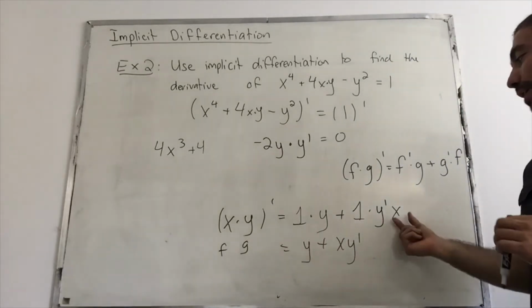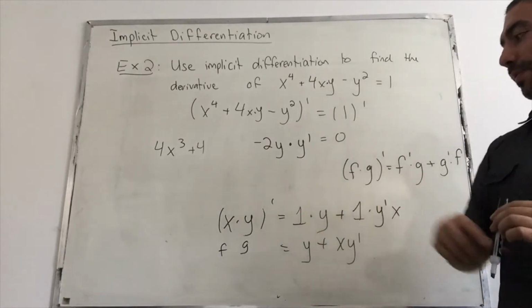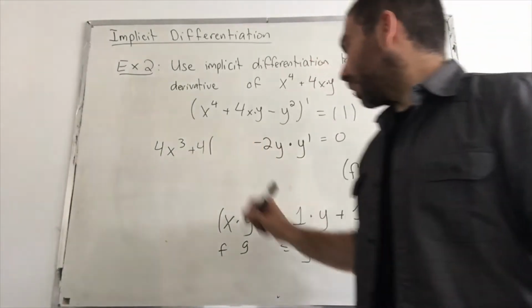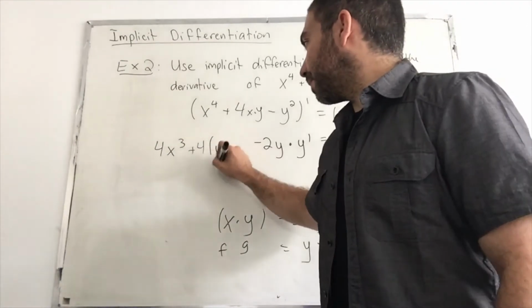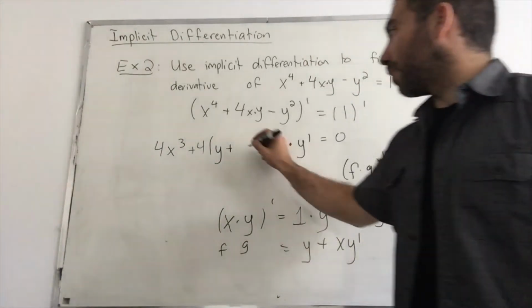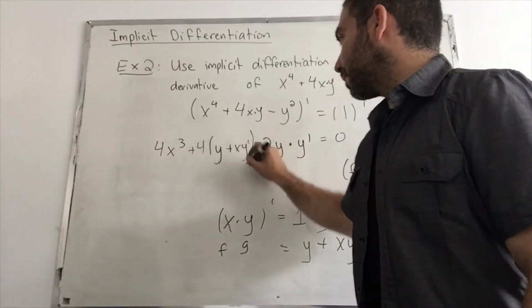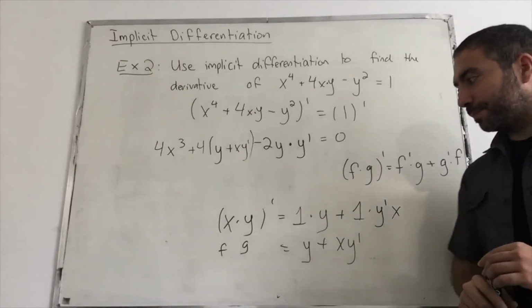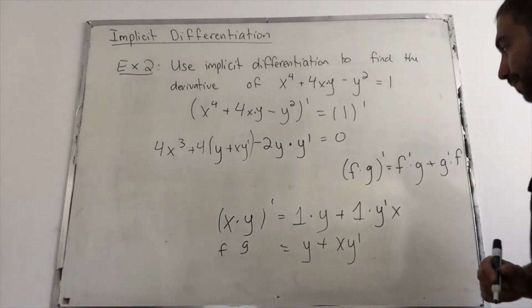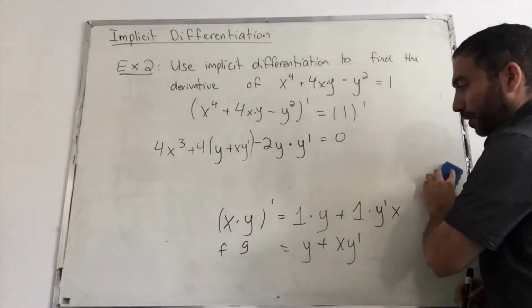I'm just going to put the x in the front, and that's our derivative here. So we have 4, I'm going to put it in brackets, y plus xy prime. Okay. Due to chain rule. Well, it's a combination of chain rule and product rule.